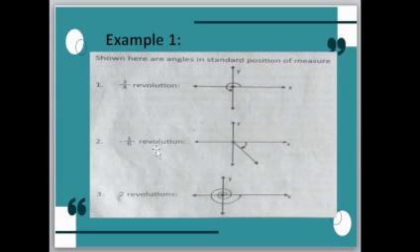Number 2 is negative 1/6 revolution. Since that is negative, our direction is clockwise. So from the x-axis, we start there, then go in the clockwise direction. Since the given revolution is 1/6, we have to divide the Cartesian plane into 12 equal parts.